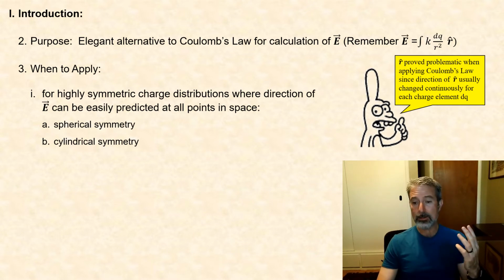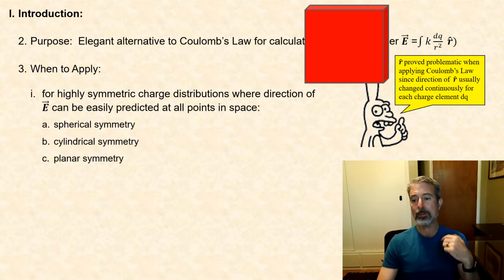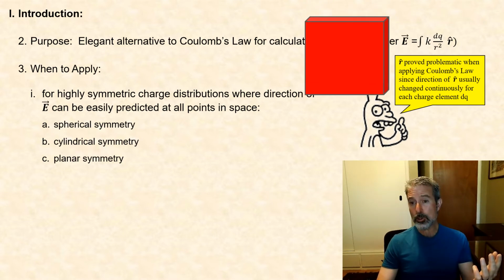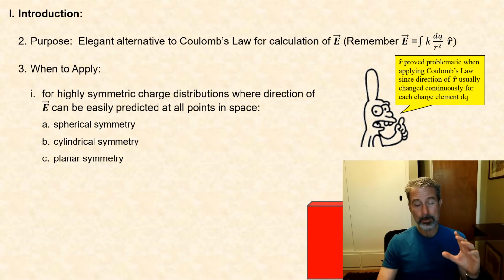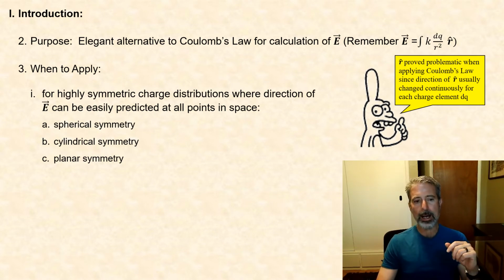And the third and final case is for a charge distribution with planar symmetry. So this is pretty specific. There's really only three types of charge distributions for which sufficient symmetry exists to where Gauss's law is actually useful, where we can apply it.